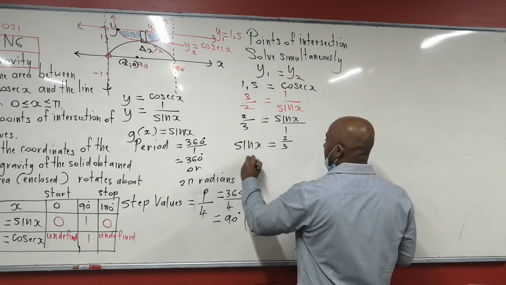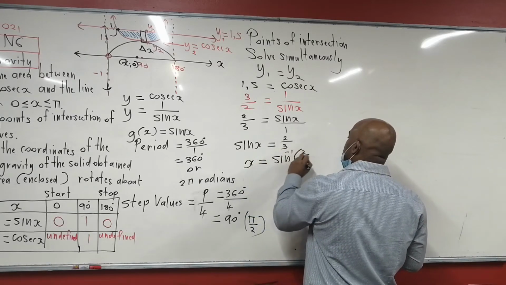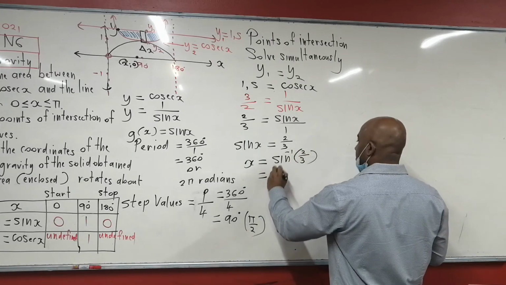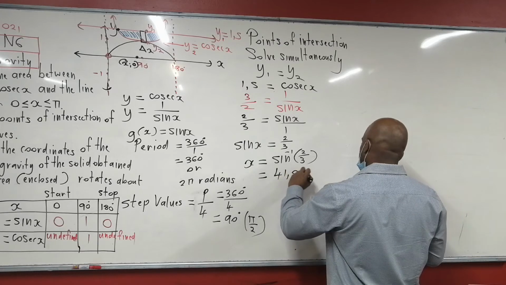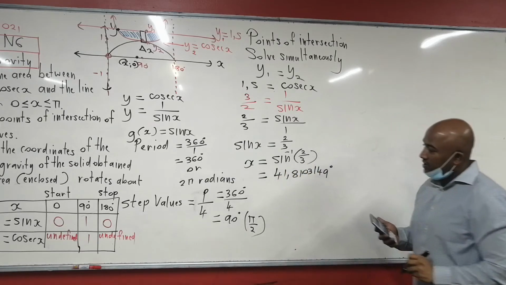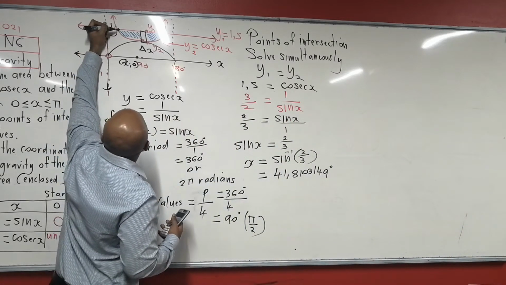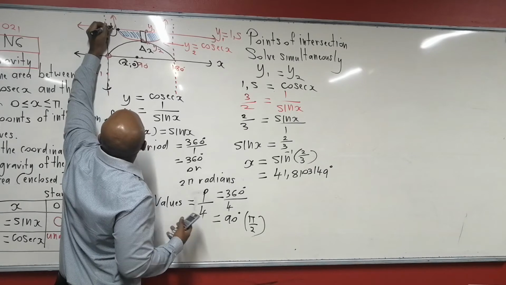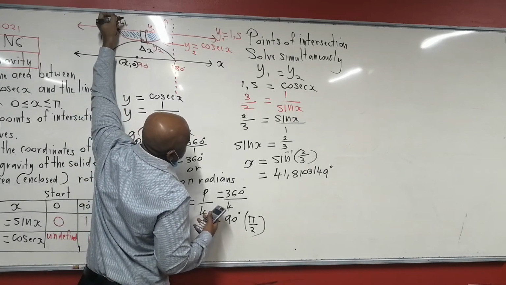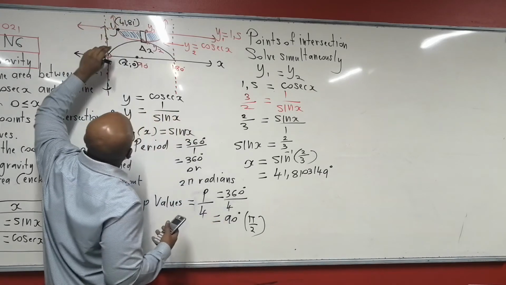So that will be x is equal to inverse sine 2 over 3, which is equal to 41,8103149 degrees. So that will be at this point here. Right, this is 90, so this will be the 41,81 degrees. That's it.